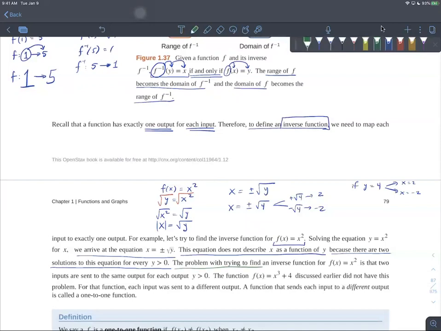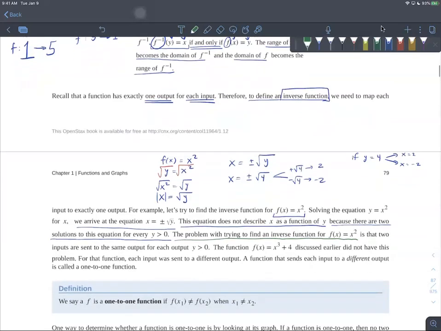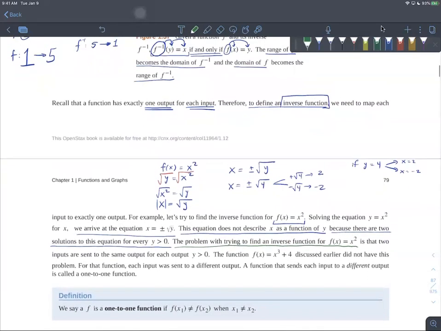The problem with trying to find an inverse function for f of x equals x squared is that two inputs are sent to the same output for each output y larger than 0. So if we take a look at the function y equals x squared, this is a function because it passes the vertical line test.